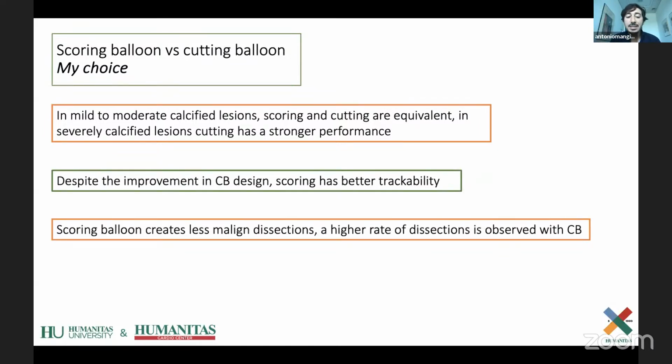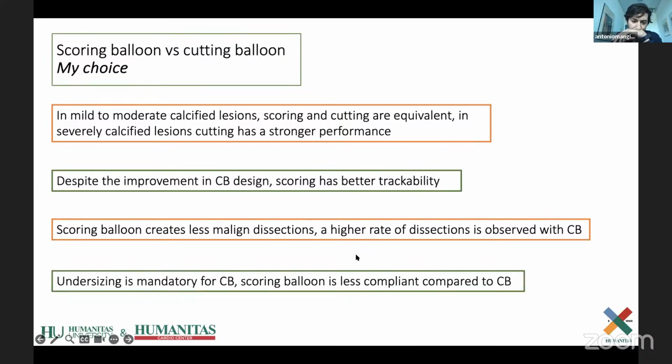The scoring creates less malignant dissection, and a higher rate of dissections is observed with the cutting balloon compared to the scoring. And while undersizing is mandatory for the cutting balloon, the scoring balloon is less compliant compared to the cutting balloon itself. So I think that we can go more with a 1-to-1 ratio.